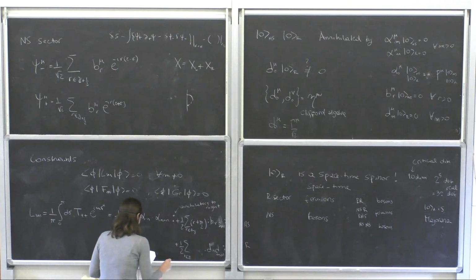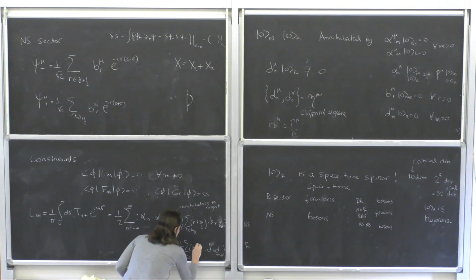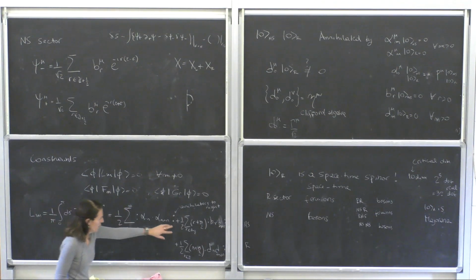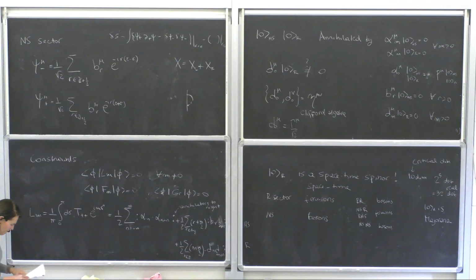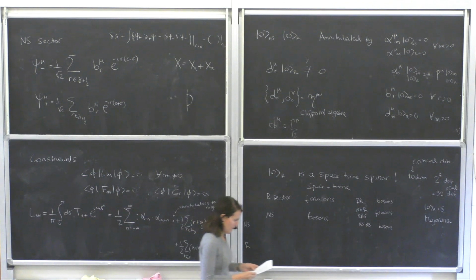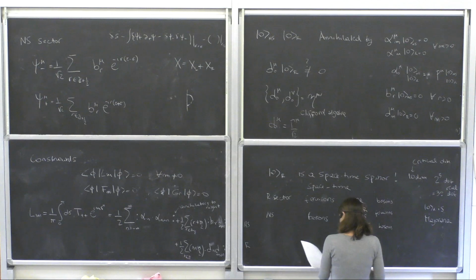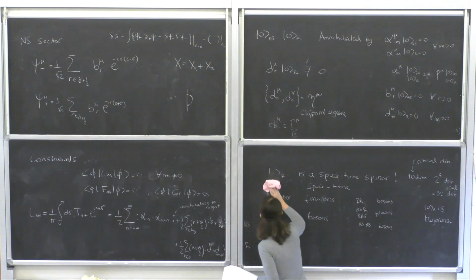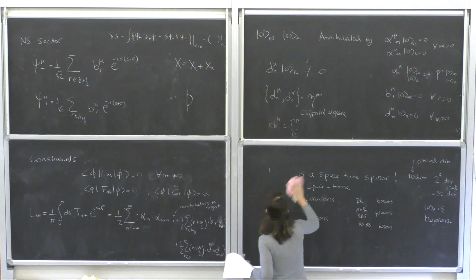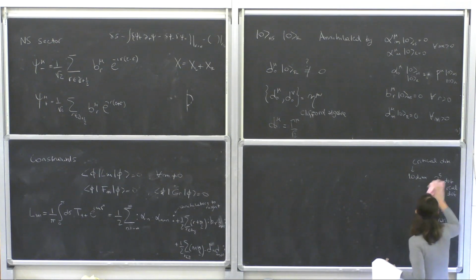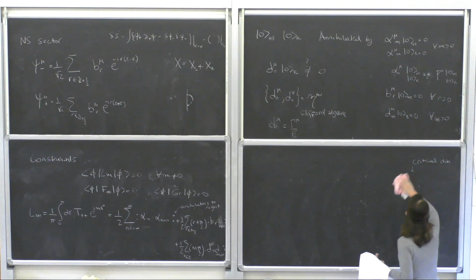And this is n plus m over 2. Sorry, I was forgetting these factors. Here there is no factor, and here there are these factors. And I write the modes of the supercurrent, and then we continue this afternoon building the spectrum.